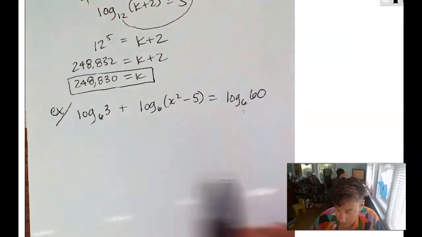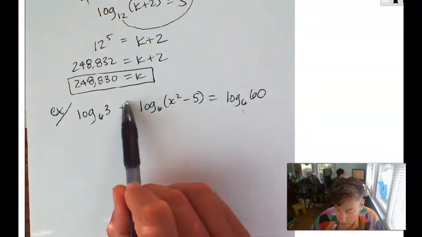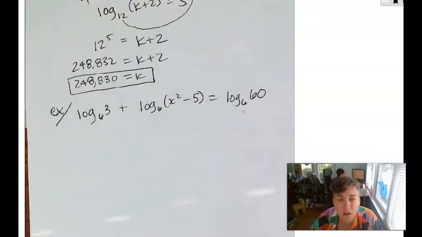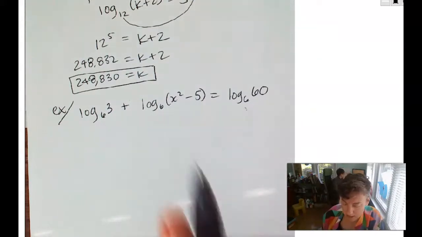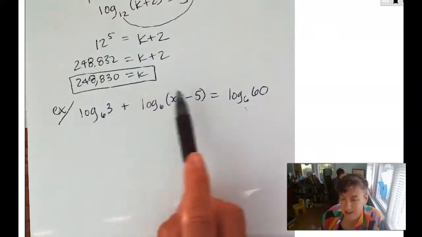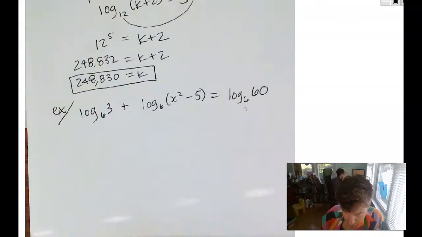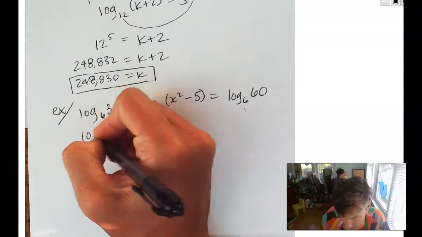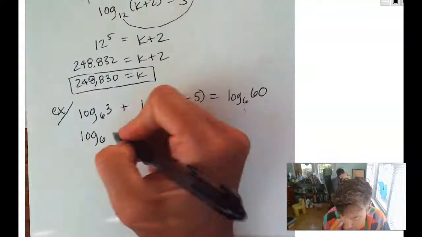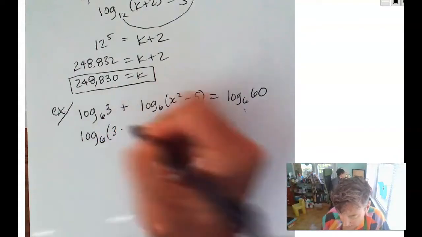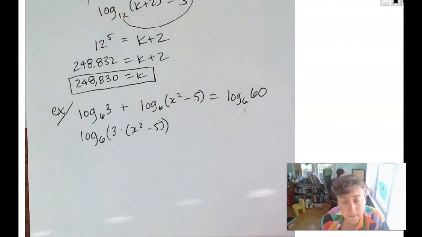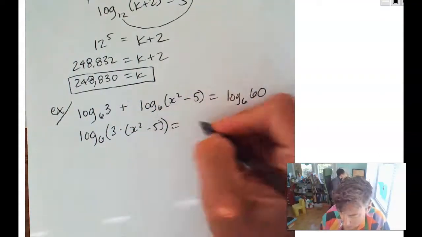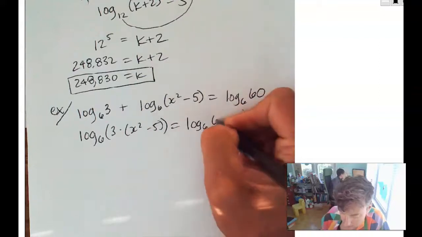Cool. We remember that when we are adding 2 logs with the same base together, we can condense that by taking these 2 terms and multiplying. So this is the same as log base 6 of 3 times x squared minus 5 equals log base 6 of 60.